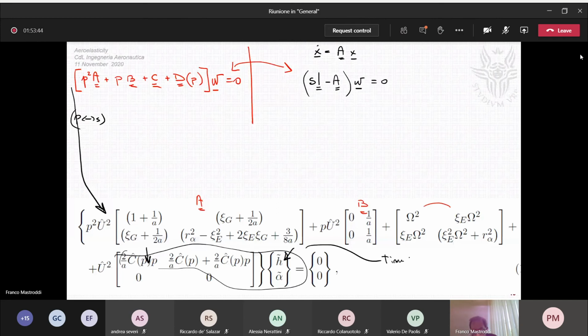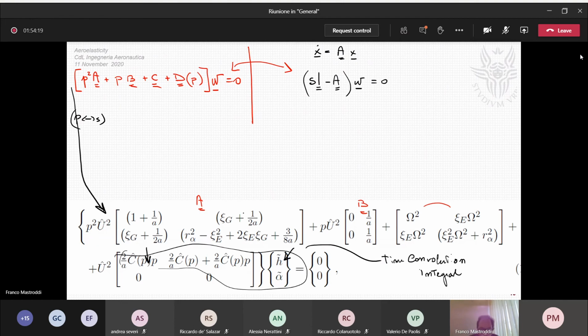When you have a product between two Laplace depending quantities and you come back to the time domain, the product in Laplace becomes an integral, a time convolution integral. So your original time domain problem is a differential integral problem.